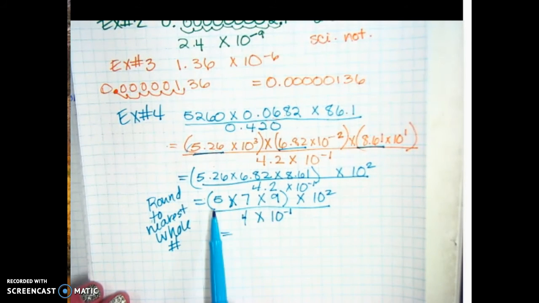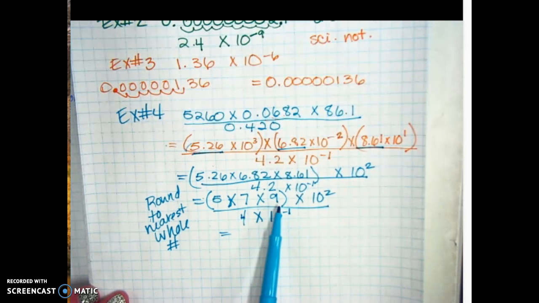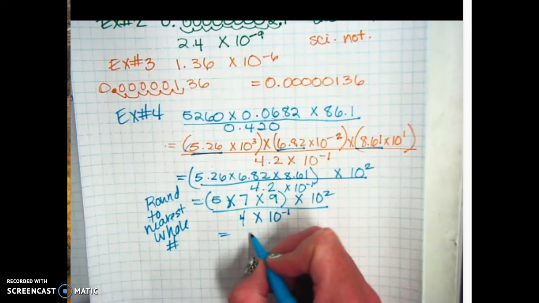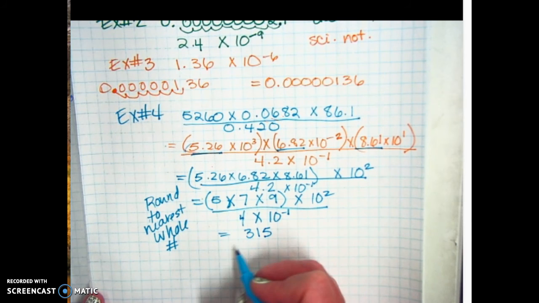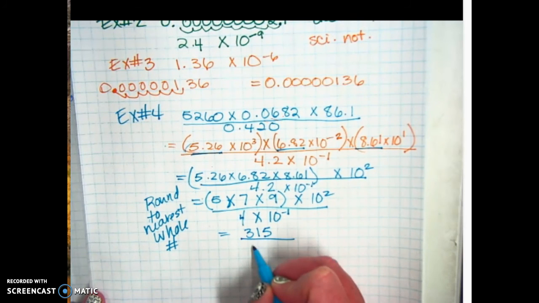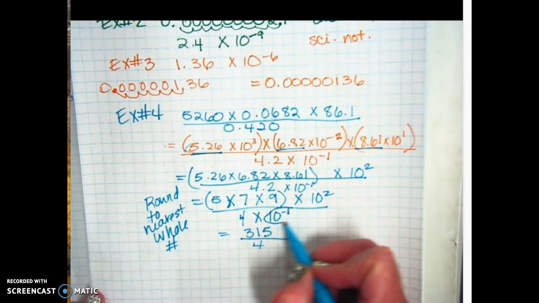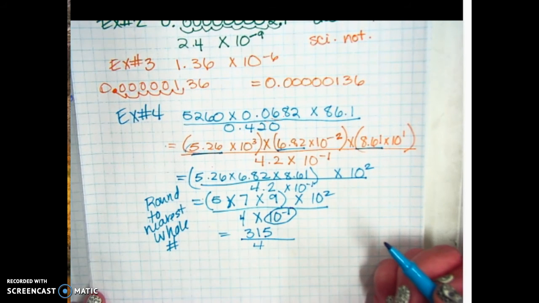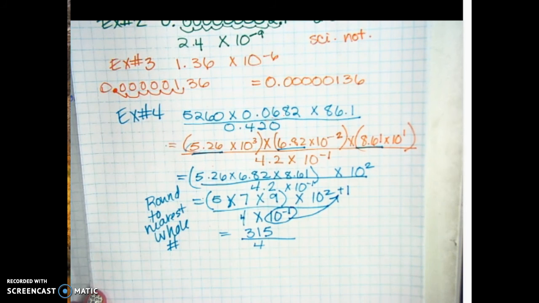So at this point, you're just going to multiply 5 times 7 times 9. I did it on my calculator. I got 315. And then obviously 4. And I did one other step. See how we have this 10 to the negative first in the denominator? I moved it up here and added 1.